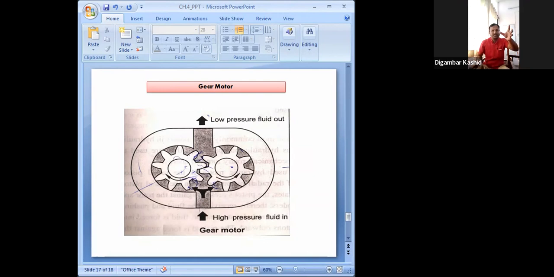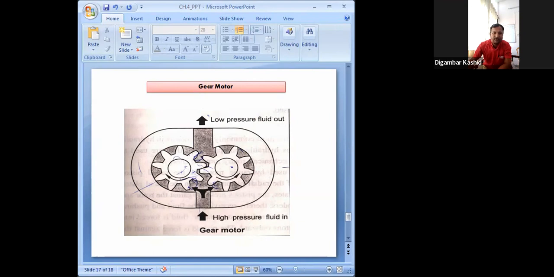Getting it? So the first gear will rotate in clockwise direction, and as that first gear is meshed with your second idle gear, the rotational motion is going to pass to the second one also, and due to that the idle gear also rotates in anti-clockwise direction. So you can see the directions here.